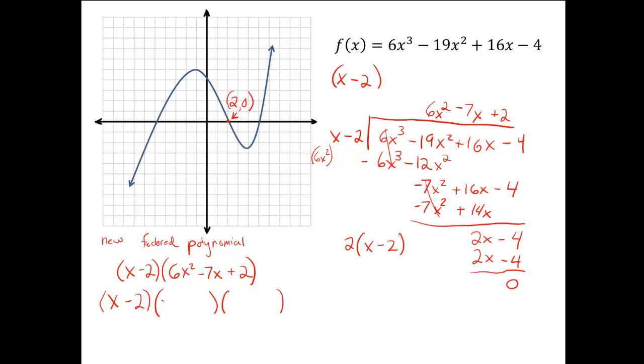It turns out, whatever way you do it's fine. You get 2x minus 1 and 3x minus 2. So now we have our 3 roots. So x equals 2, comma, 1/2, and our last one is 2/3. So those are our real roots.